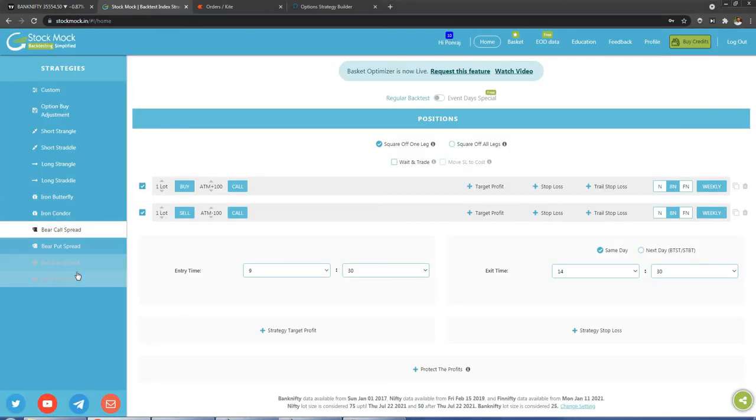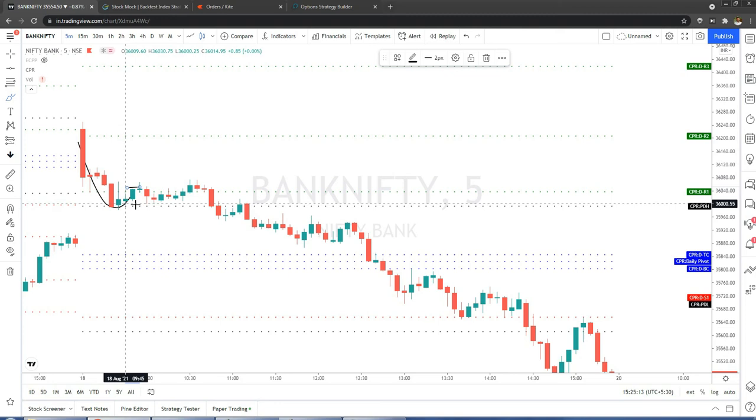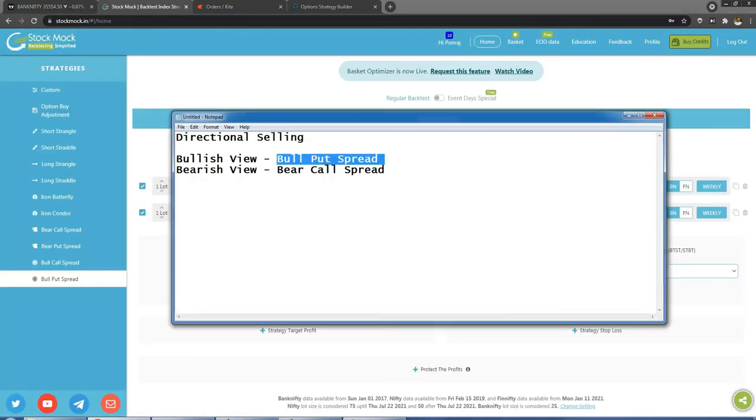Let me show you. After the close of the 9:50 candle, the closing price is 36,045. So the current ATM strike would be 36,000. If I want to take the strategy as a spread, at 36,000 plus 100 we are going to sell.